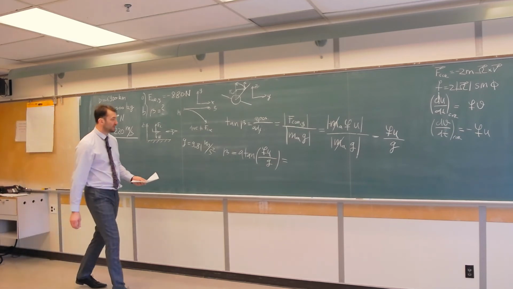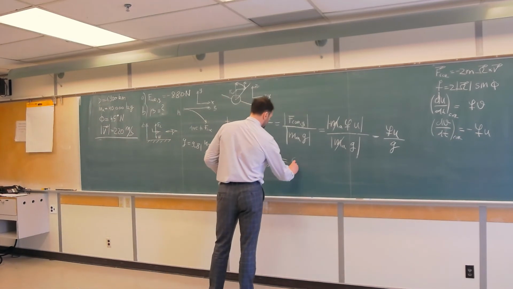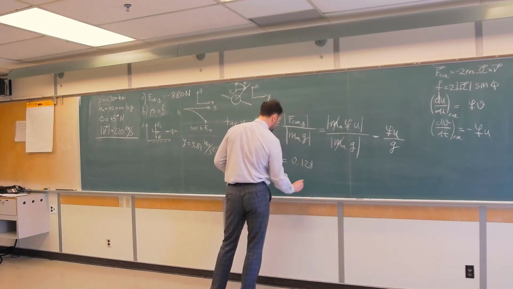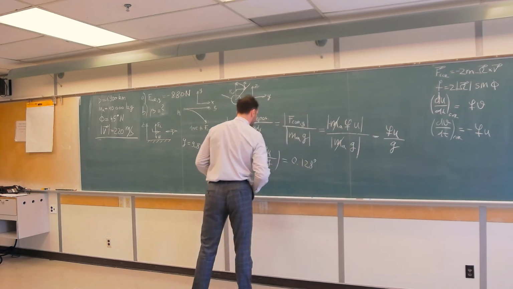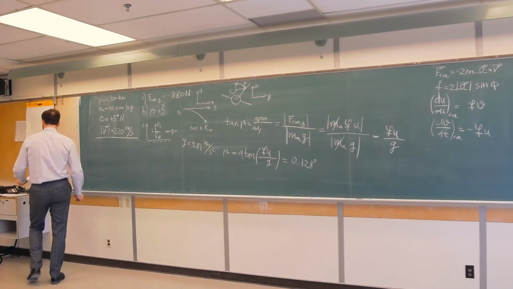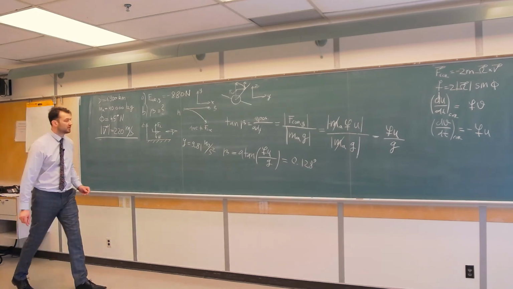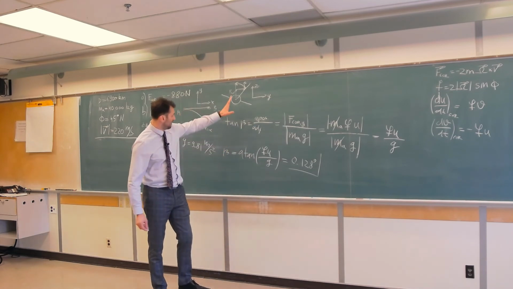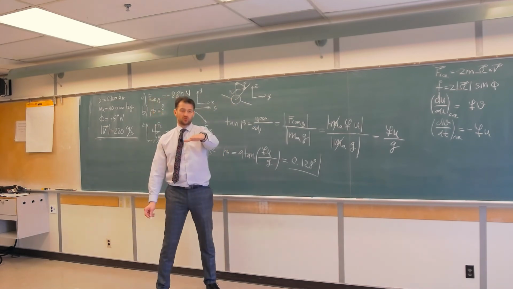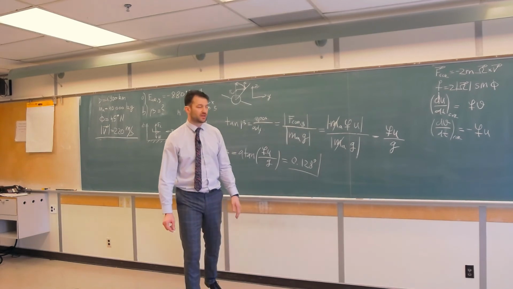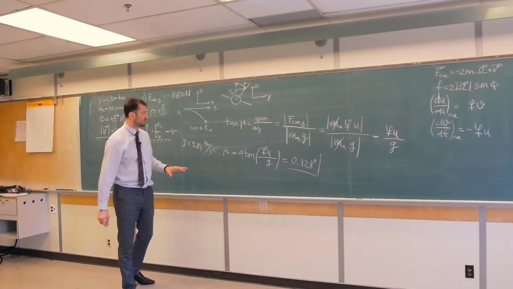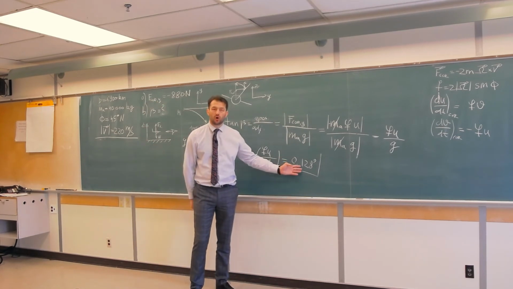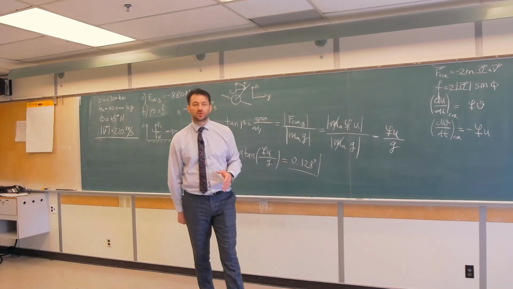So if you calculate these, you will get 0.128 degrees, if I calculated this correctly. And this is the angle that the aircraft needs to have in respect to the local vertical in order to counterbalance Coriolis force. As you can see, this is an extremely small angle, and that's why passengers don't feel it.